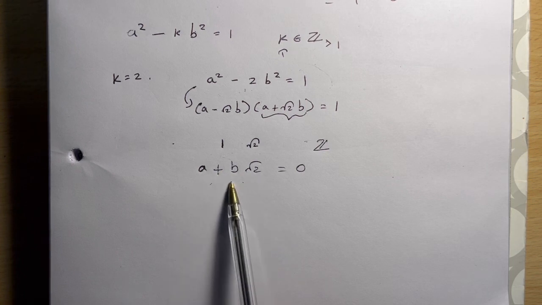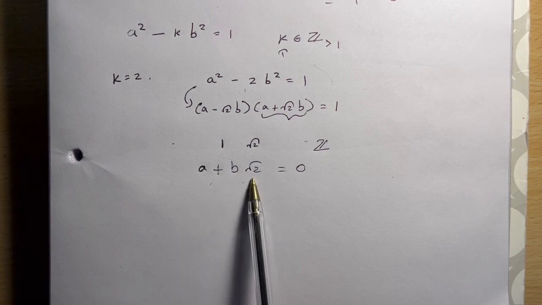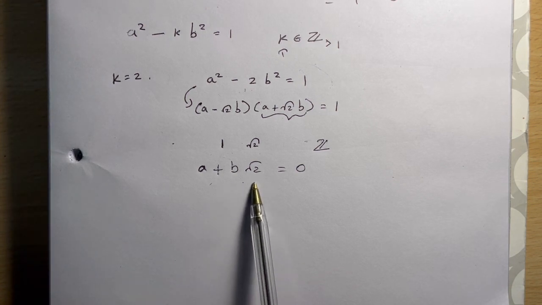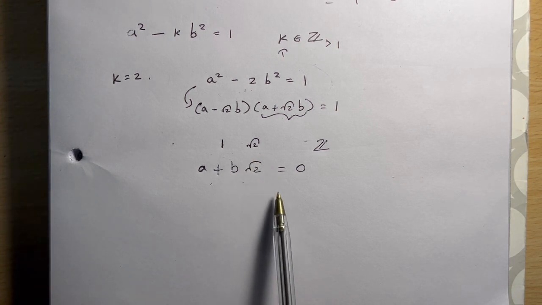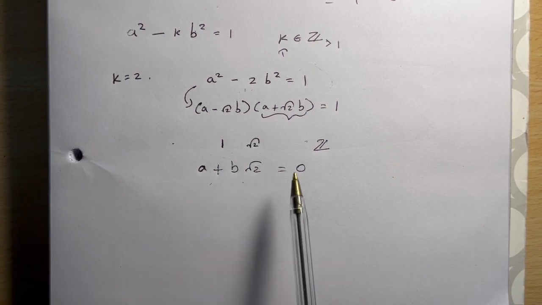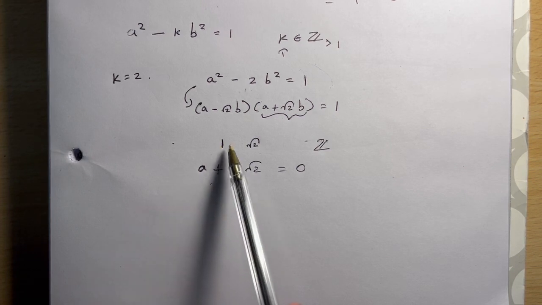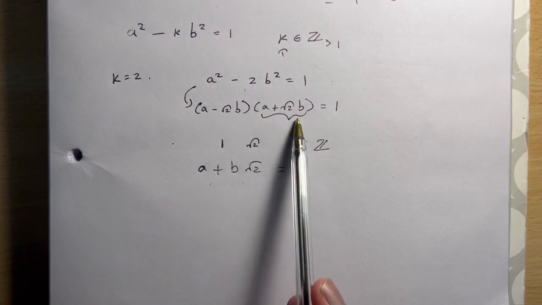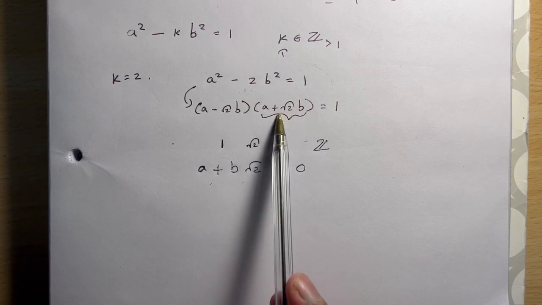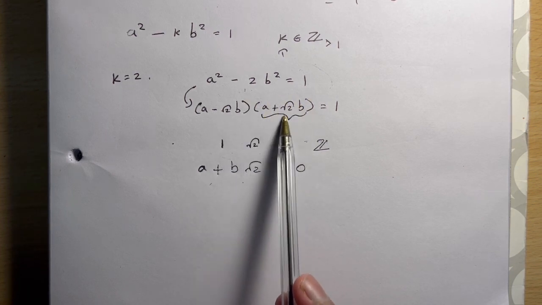You can probably see why this is true. This is true because the square root of 2 is irrational. The proof is well known. So these two are independent, and so these two span all the elements of this form.